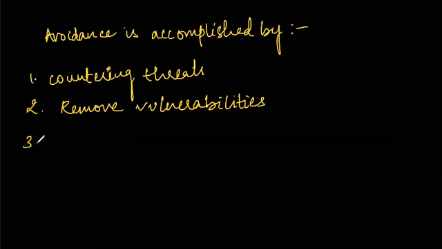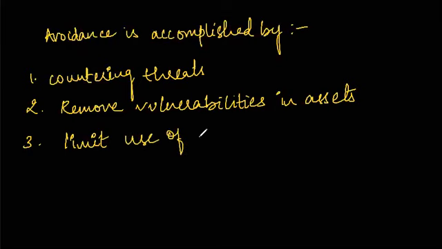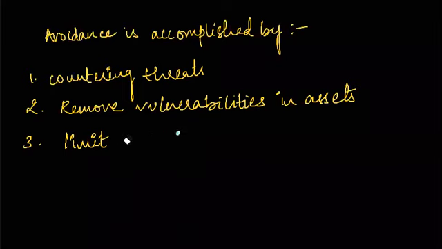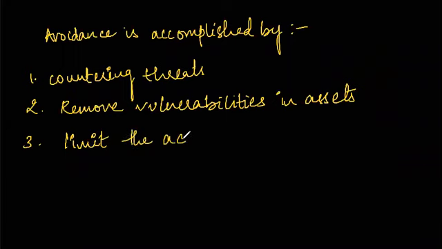Then the third one is that you're going to remove the vulnerabilities in all the assets. What are assets? Assets can be information, data, or intellectual property. Then you can also limit the access to assets.